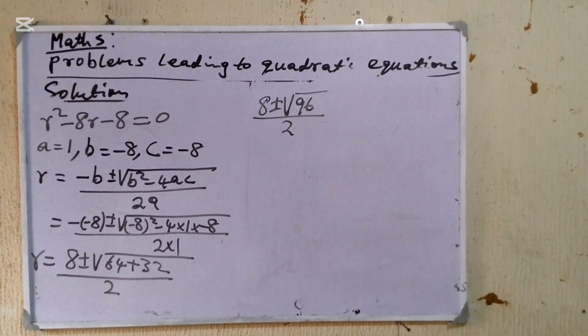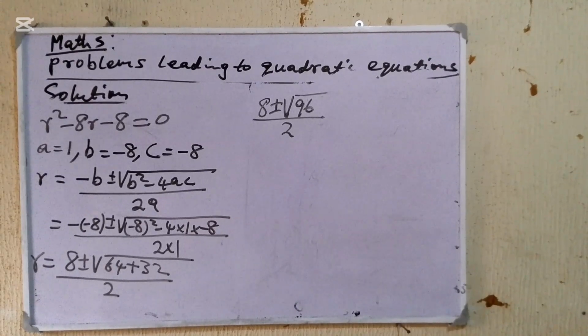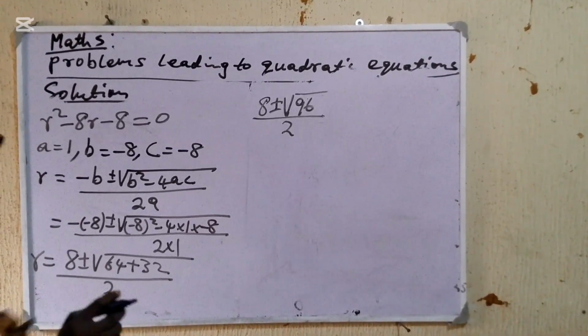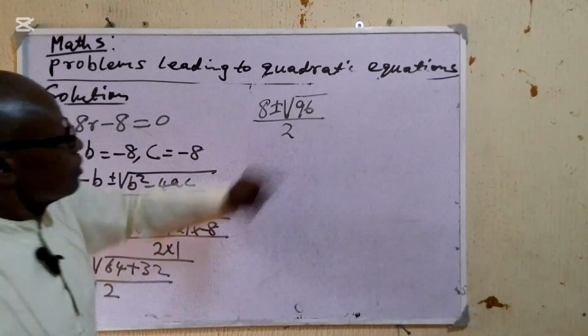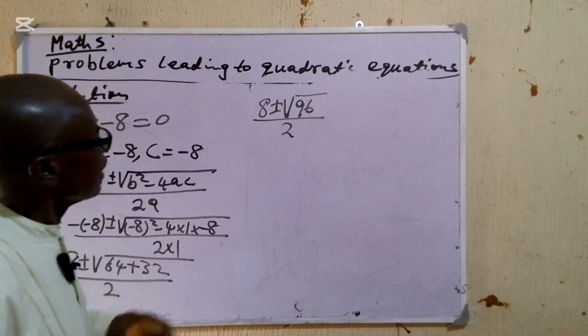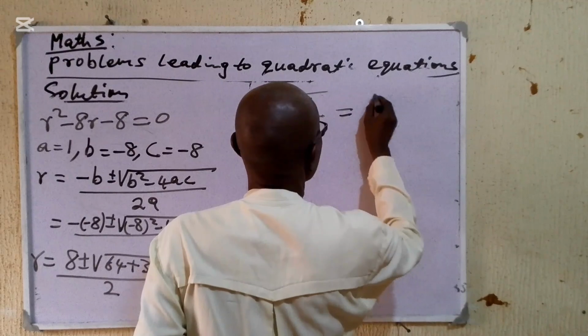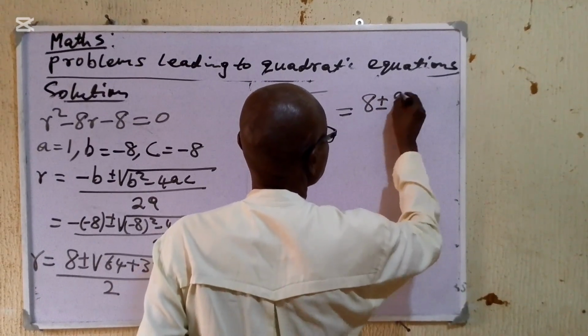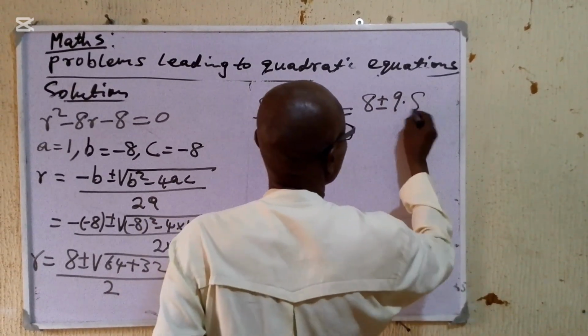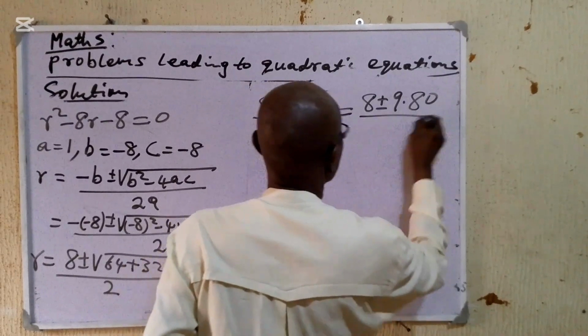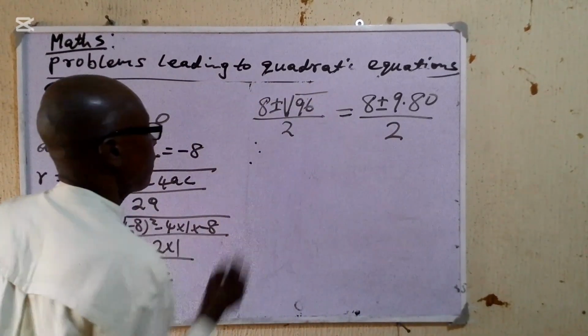So in that case, the square root of 96 is approximately 9.80, so we have 8 plus or minus 9.80, everything over 2.